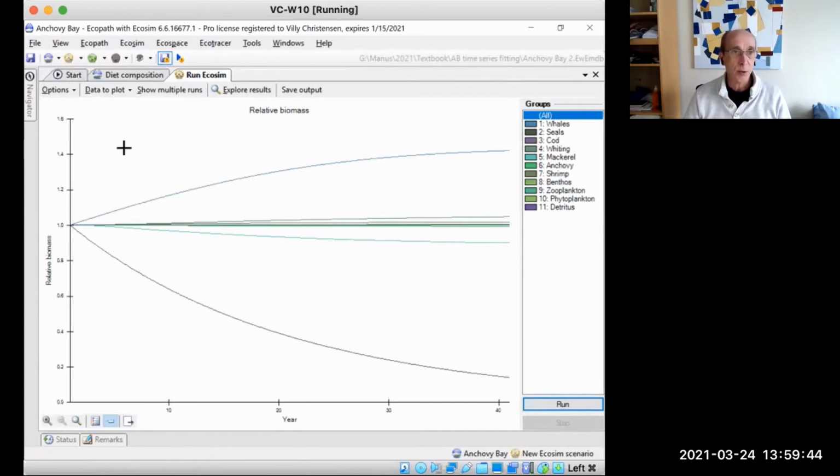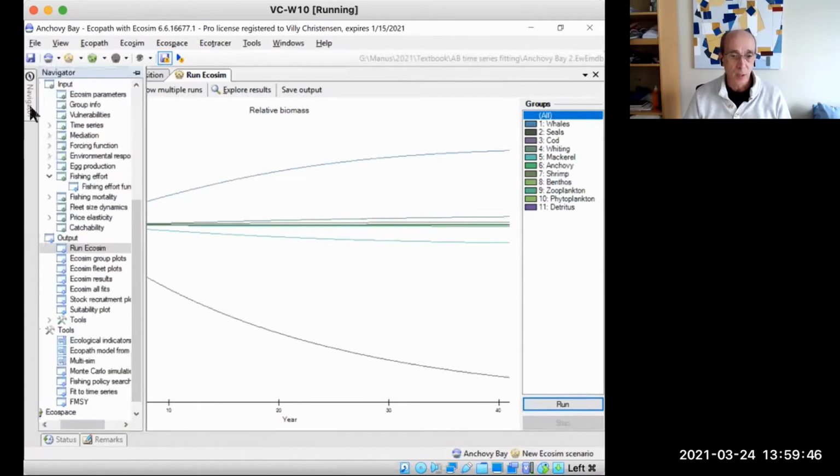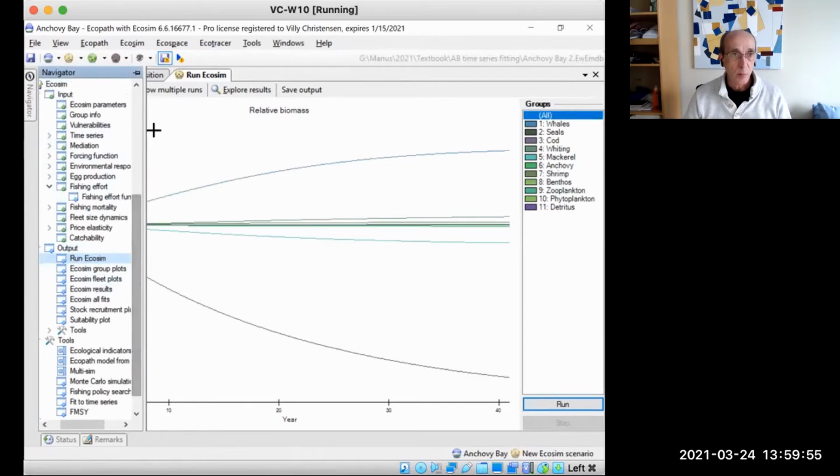Everything is good. We need to know what we're dealing with, and we are now going to go to the fishing policy search. So we go Ecosim. Make it a little bit clearer here. I'm going to make this bigger again, because it auto hides.